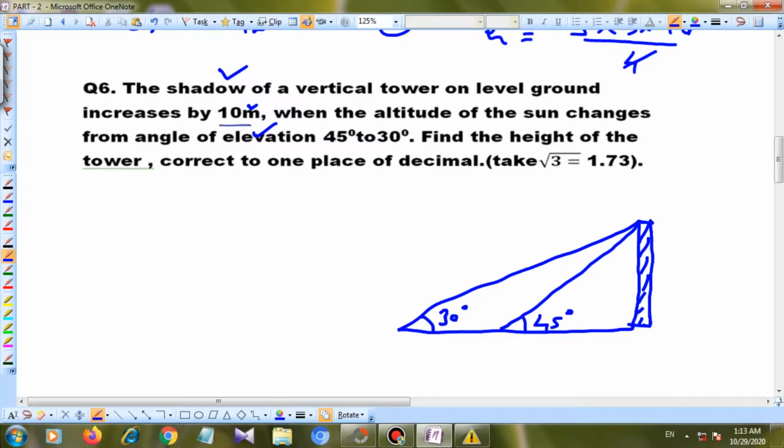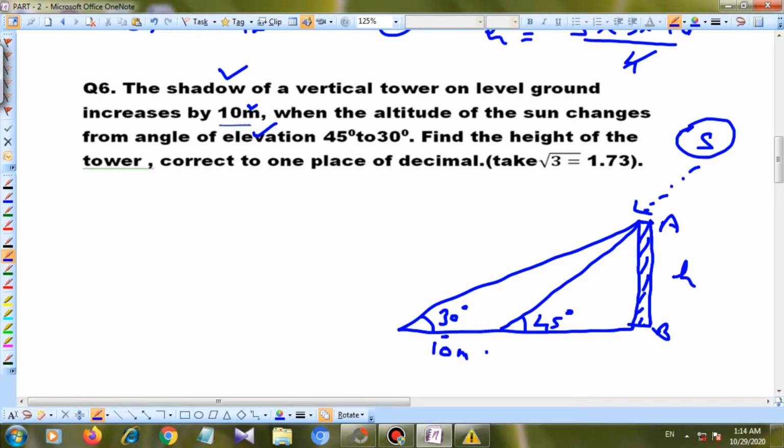Suppose this is our tower AB, which is h meter high, and the sun is here.